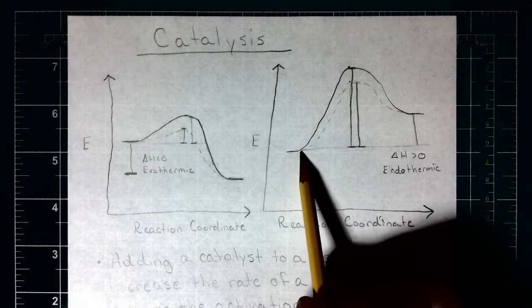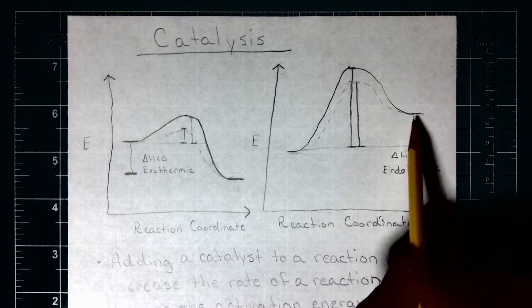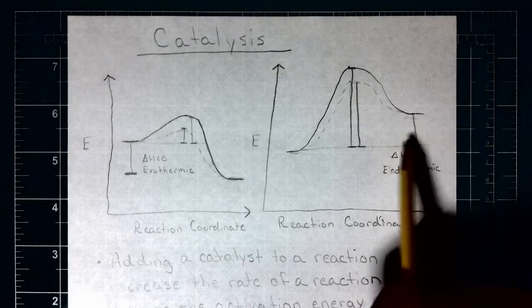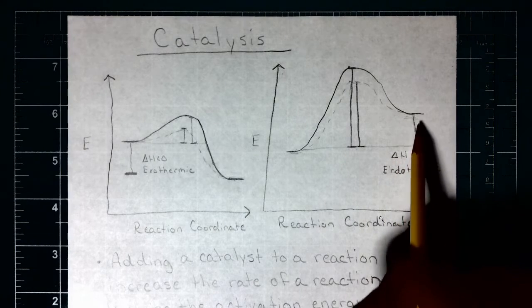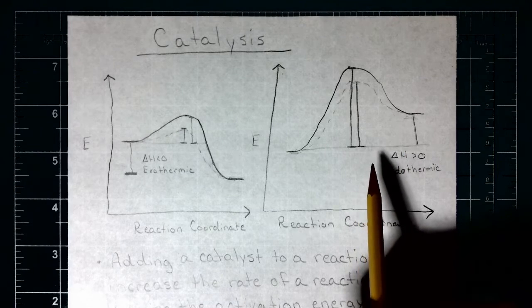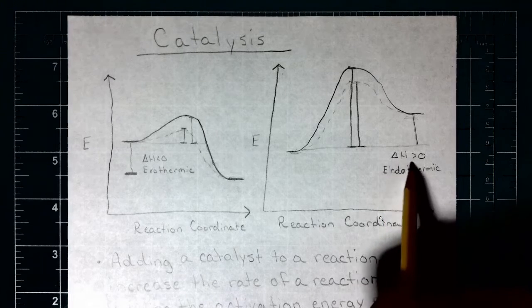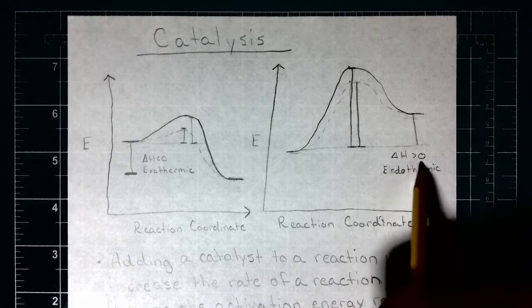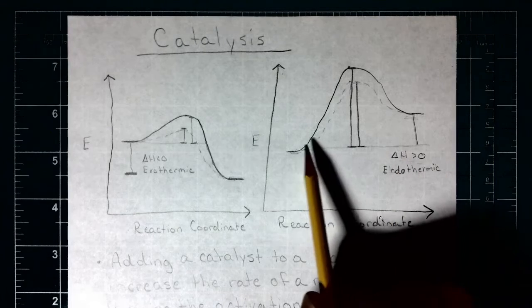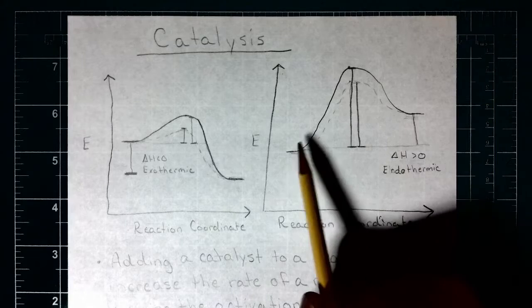Over here, we can see that our initial reactants are lower in energy than our final products. When we have this situation, we have to add energy ultimately to get the reaction to happen. And this is what we call an endothermic reaction, where we have an enthalpy change that is positive between these two states.